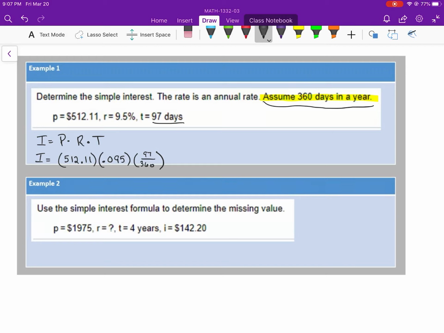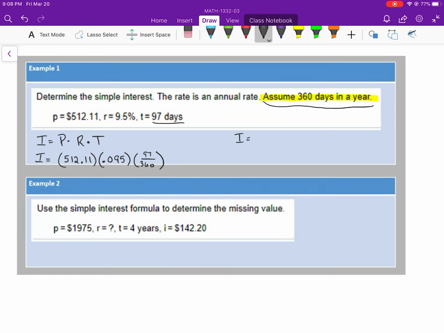Now I'm going to grab my calculator and divide 97 by 360 first to get that answer. I get 0.2694444. It looks like the 4 keeps repeating. I'm going to take that decimal and multiply it by 0.095 times $512.11.